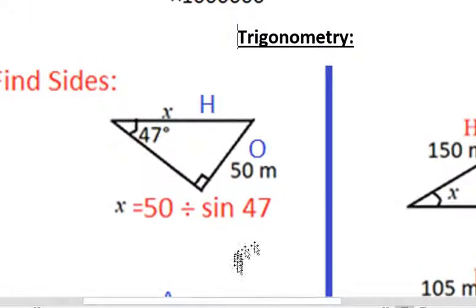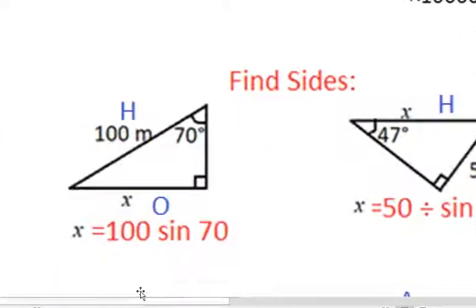Let's go back to our triangle. We've decided that we're going to use sine by looking at the way we labelled the O and the H. We did not have an A. Just the O and the H, and when we have O and H, that's SO, we use sine.